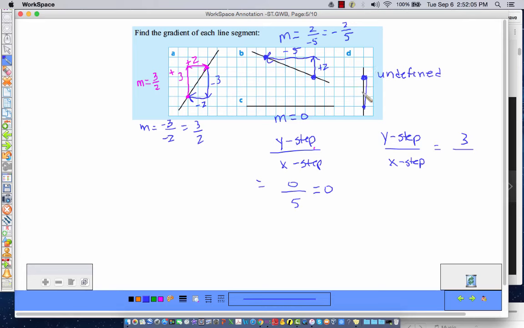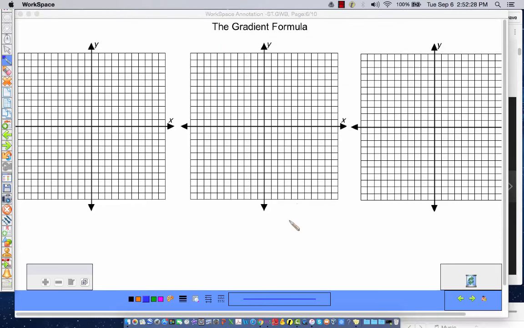But the x step, there is 0 x step. I don't move left or right. This is 3 over 0. Since we cannot divide by 0, and this is the equivalent of 3 divided by 0, then it's not possible. Therefore, we say that the slope is undefined. So for a vertical line, slope is undefined. For a horizontal line, slope is 0. Let's give it a whirl.